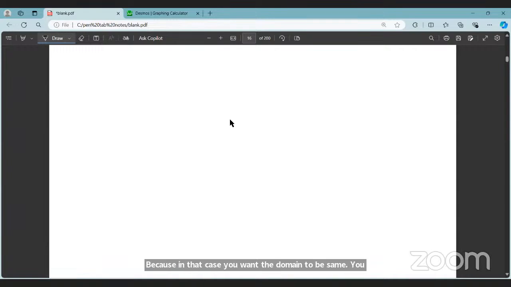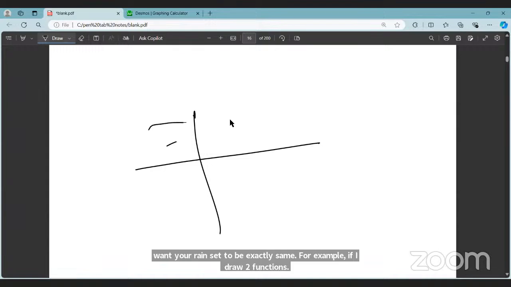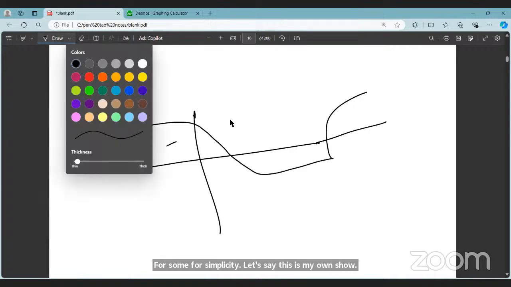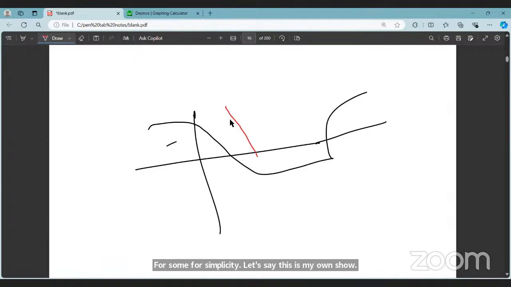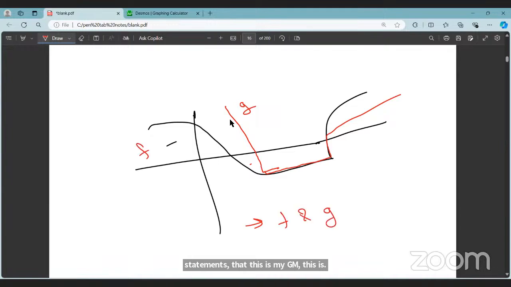For example, if I draw two functions, for simplicity, let's say this is my one function and this is my other function. It's exactly the same over these points, but it will be different elsewhere. Suppose I state that this is my f and this is my g, and I say f and g are entirely the same.